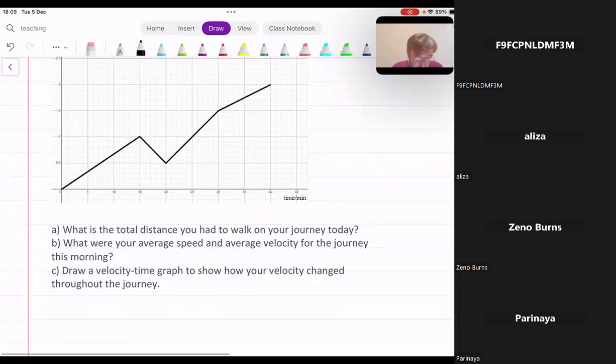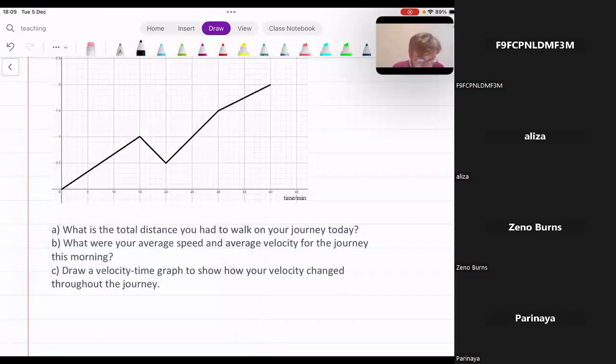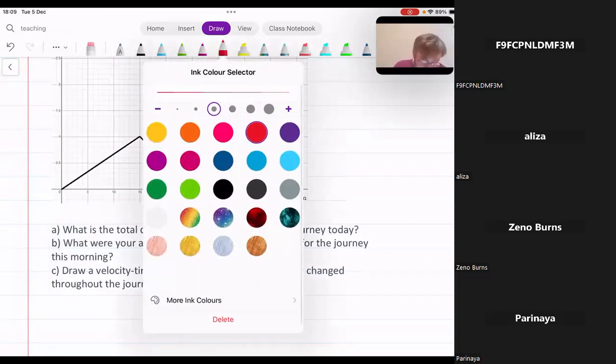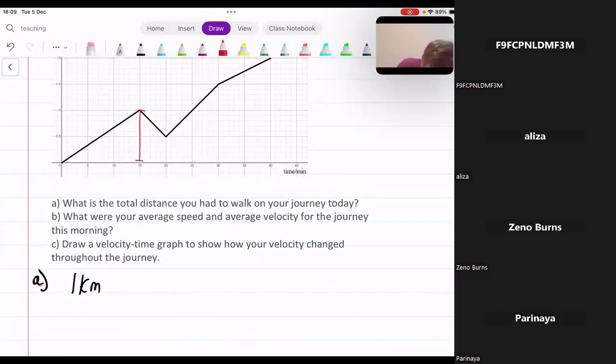So what is the total distance we traveled? So for A, the first bit of the journey, we were going in the direction towards school. So we have 1 kilometer. Then we go back again, and we go back 0.5 kilometer.